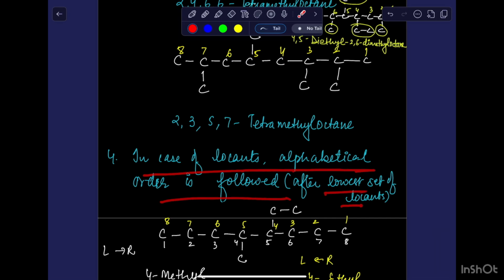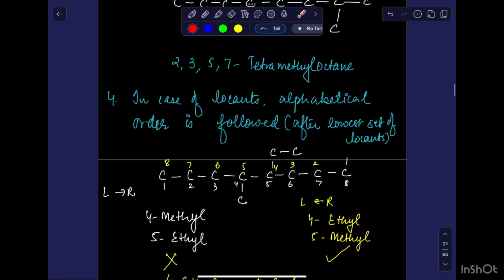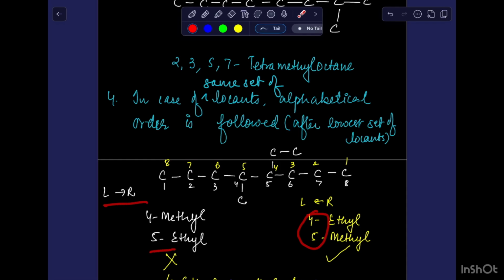In the case of alphabetical order, as I have already told you, in this molecule we are getting methyl at 4 and ethyl at 5 from left to right, and from right to left we are getting ethyl at 4 and methyl at 5. Since ethyl starts with E, ethyl should get the lower number.